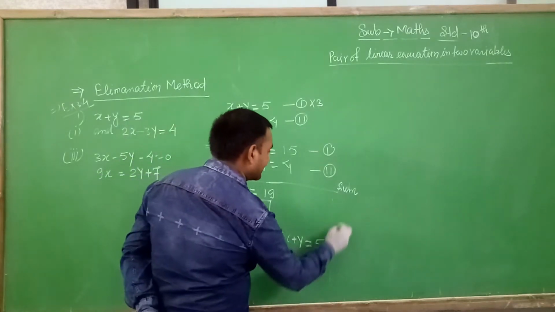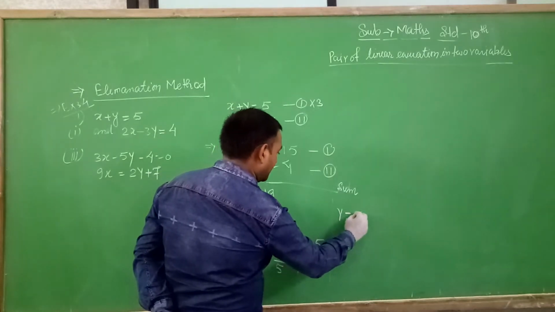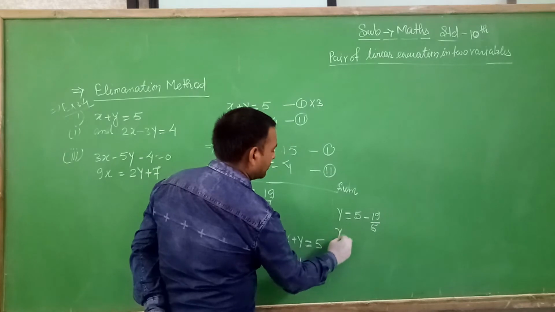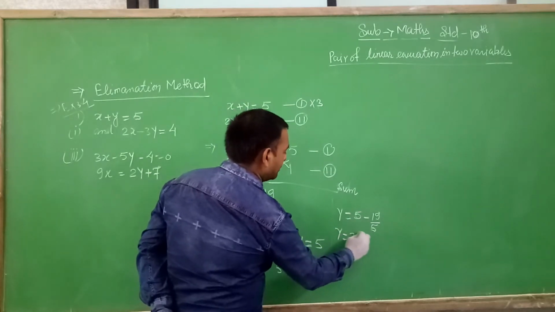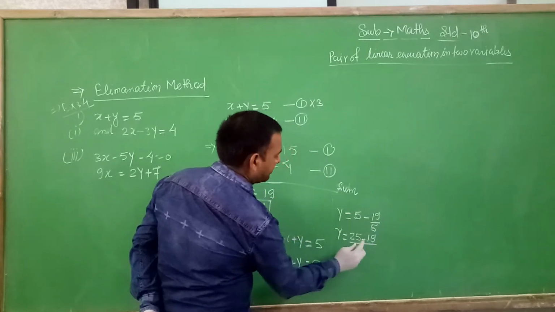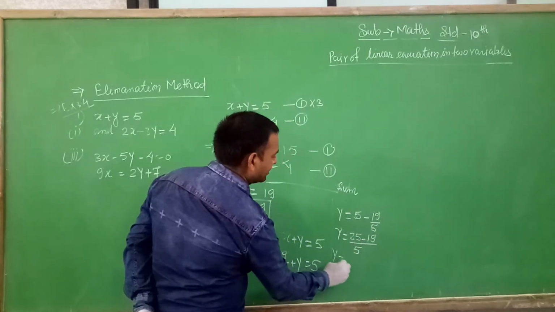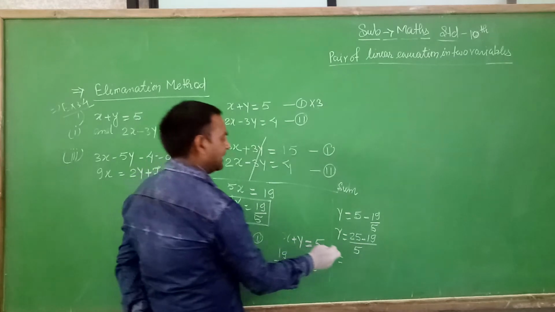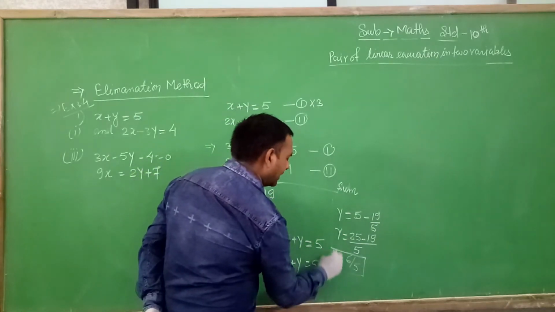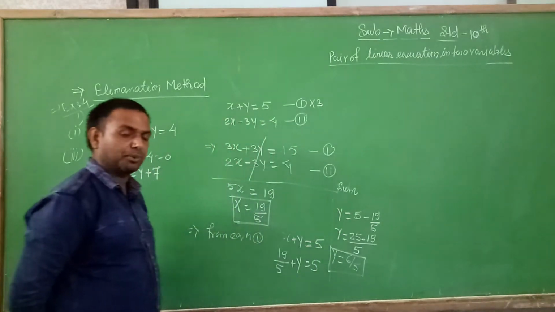Then y is equal to 5 minus 19 upon 5. y is equal to 5 fives are 25 minus 19, divided by 5. So y is equal to 25 minus 19, which is 6 upon 5. So the value of y is equal to 6 upon 5.